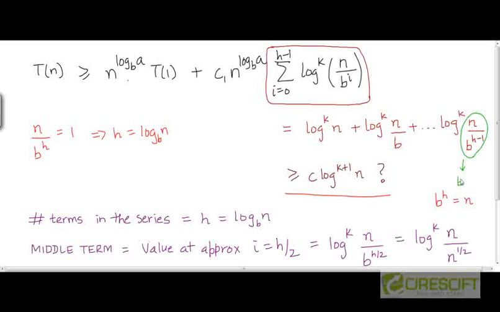So this shows that if you look at this series and focus on the arguments of the log function, the arguments are going down, starting with n, then becoming n by b, then n by b square, and so on. So decreasing by a factor of b in every term, and in the very last term, the argument becomes exactly equal to b.